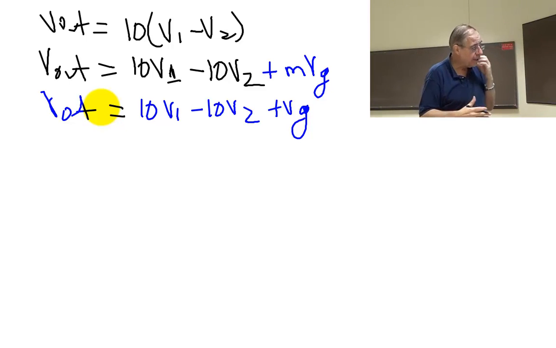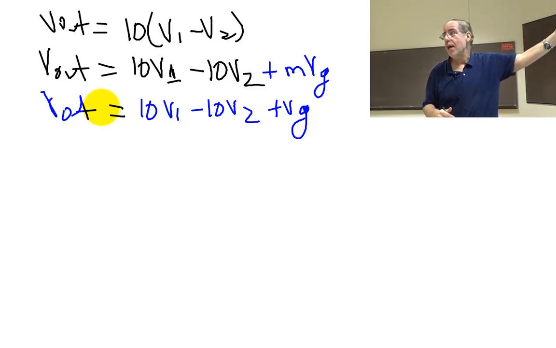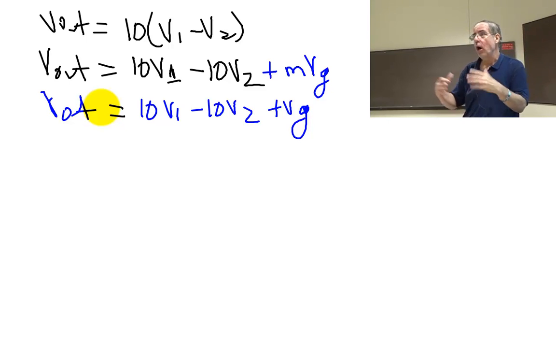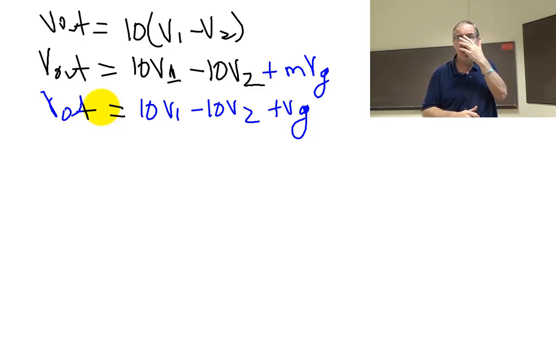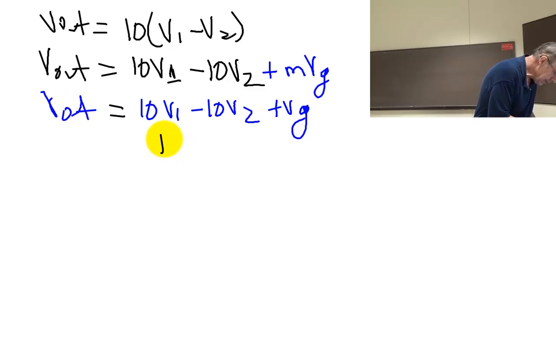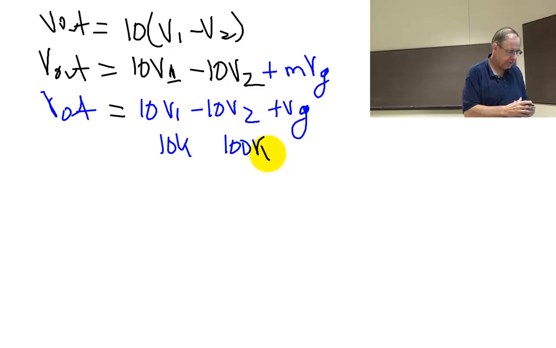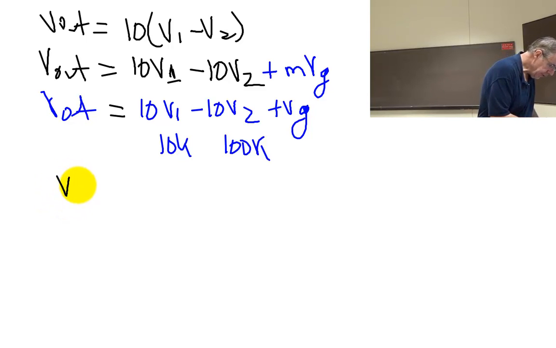And so now I need a resistor with a ratio of 10 now. Right? And 1. Common multiple of those. 10K and 100K. Yeah, I need the ratios that fit. Okay? So now I'm going to build it. V1.